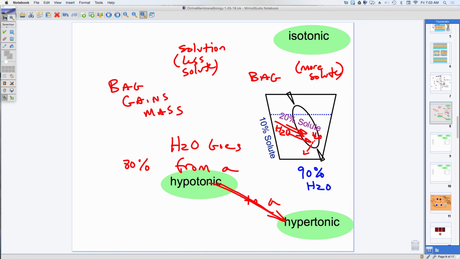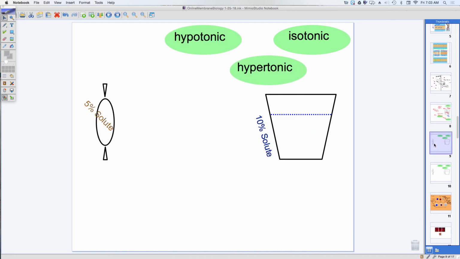So let's try this again. Let's look at another example, just reversing our numbers. Here, the solute concentration of the cup is 10%, and we have 90% water. And our bag has a solute concentration of 5%, or 95% water.